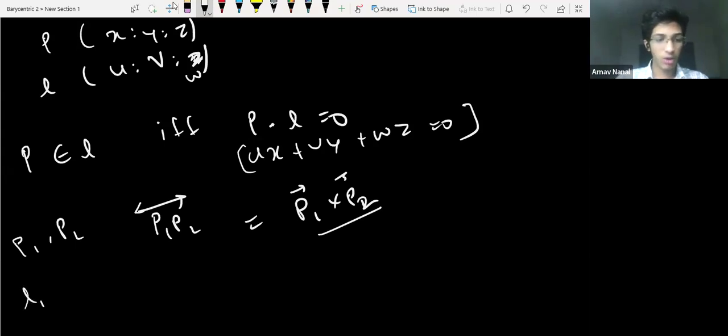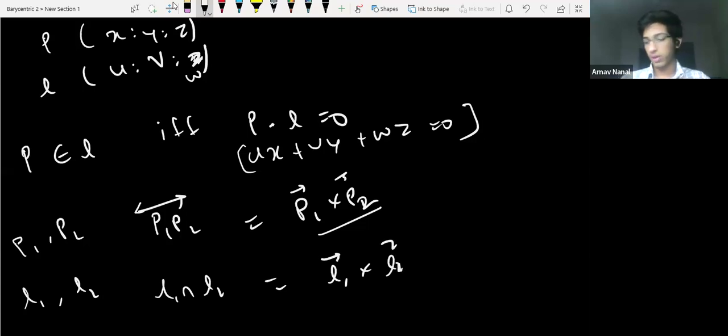And similarly, if you have L1, L2, then the point of intersection of L1, L2 will be given by L1 cross L2. Does that make sense?